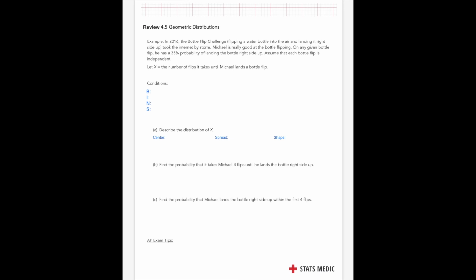Michael is really good at bottle flipping. On any given bottle flip, he has a 35% probability of landing the bottle right side up, assuming that each bottle flip is independent. Let x equal the number of flips it takes until, keyword here, Michael lands a bottle flip.